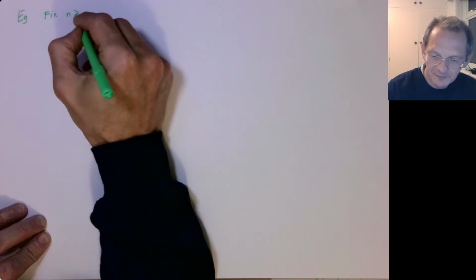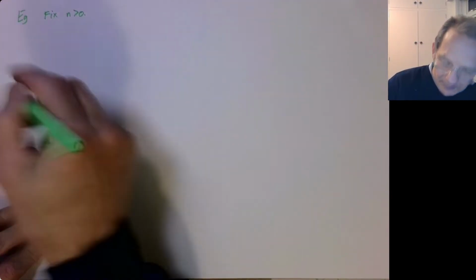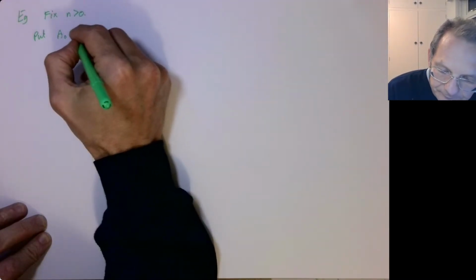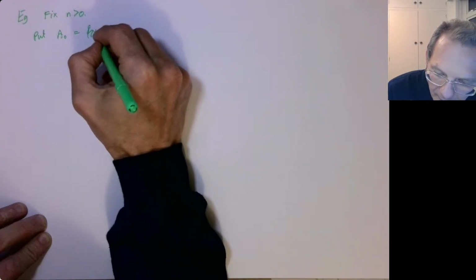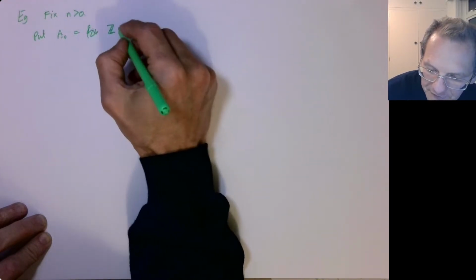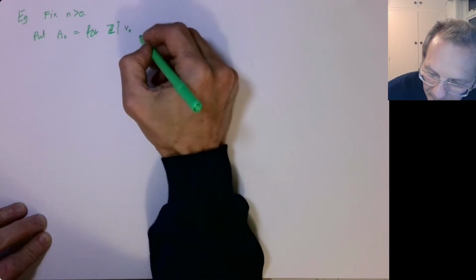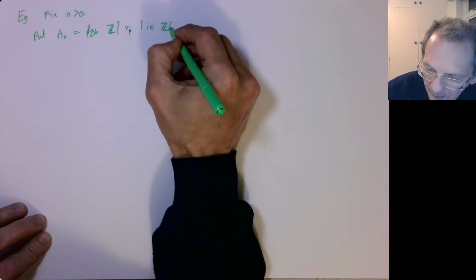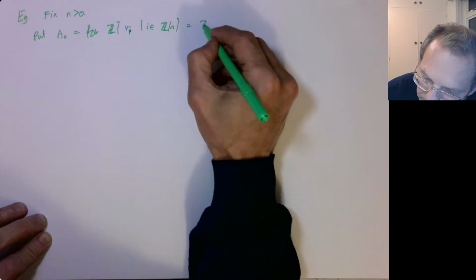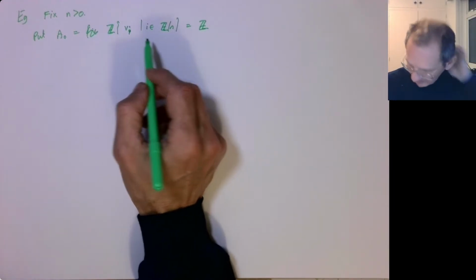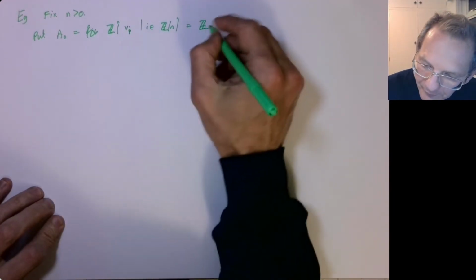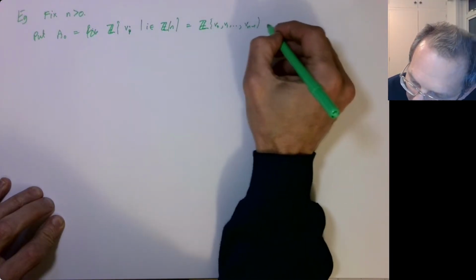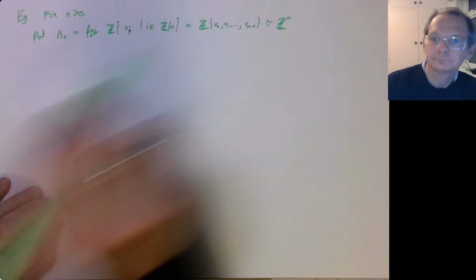So let's fix some positive integer n, and then A0 is going to be a free abelian group generated by some elements called V_i, for i lying in Z mod n. So this is a free abelian group on V0, V1 all the way up to V_{n-1}. So that's isomorphic to Z^n.